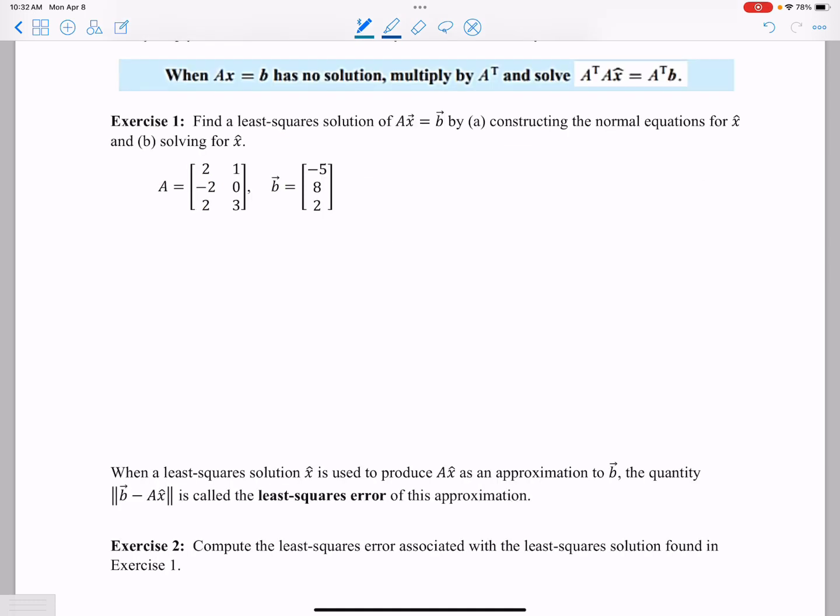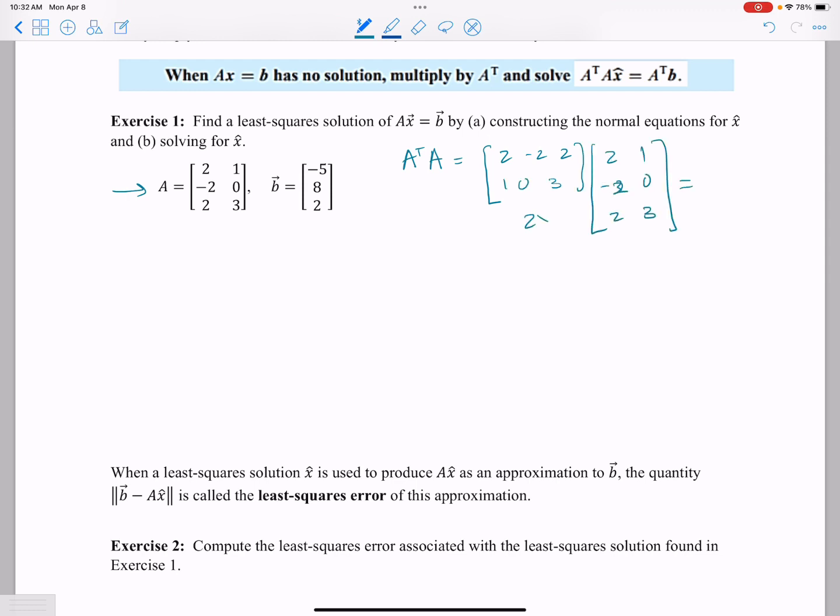So let's use the normal equations to solve this system, Ax = b, where A is that matrix and we're given b. I'm going to construct A transpose A first. A transpose is 2, negative 2, 2, 1, 0, 3.